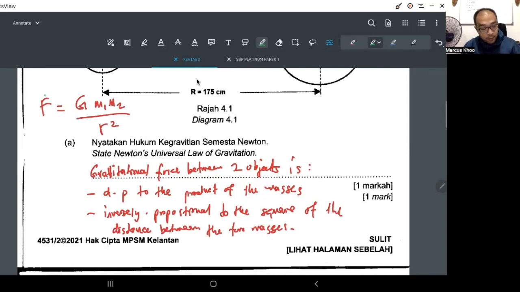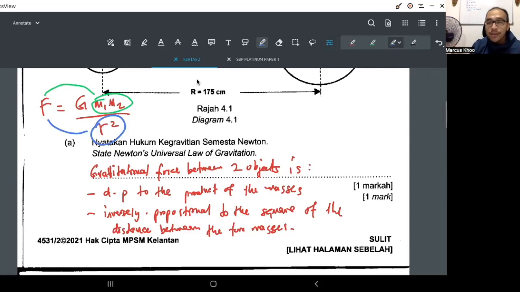So it is directly proportional to the product of the masses and inversely proportional to the square of the distance between the two masses. It's a very long definition, but knowing the formula will help you to write it down. It doesn't matter if your definition is messy, just use the formula to help you. If you want to say directly proportional to mass 1 times mass 2, I think that is also accepted, if you don't know the word product.